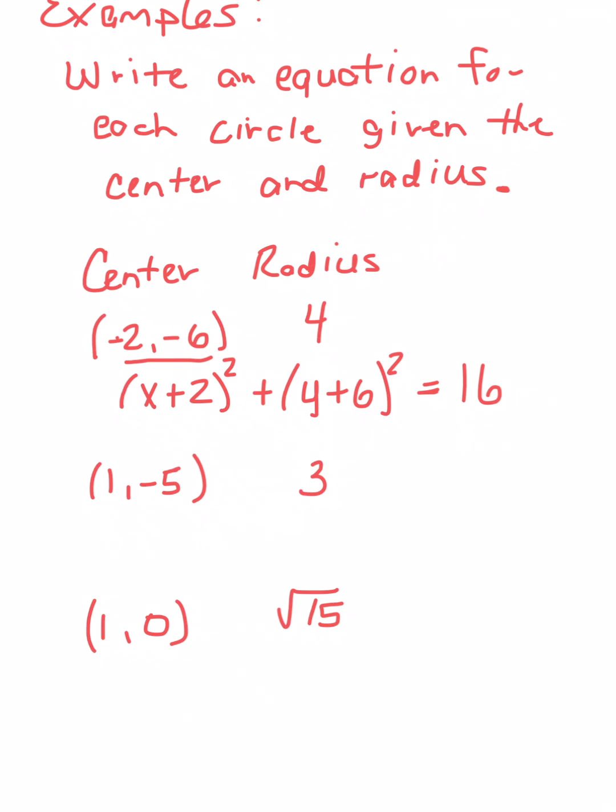This next example, I have a center at 1, -5, so I'd have x minus 1 squared plus y plus 5 squared equals 3 squared, which would be 9.